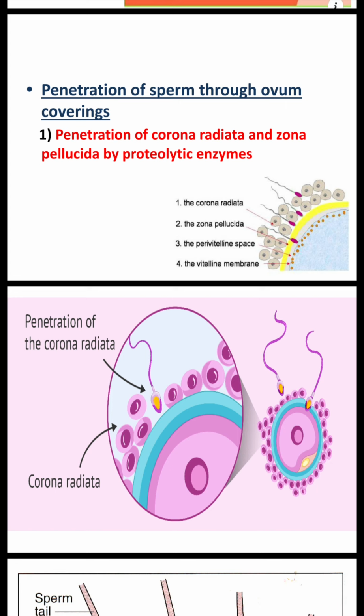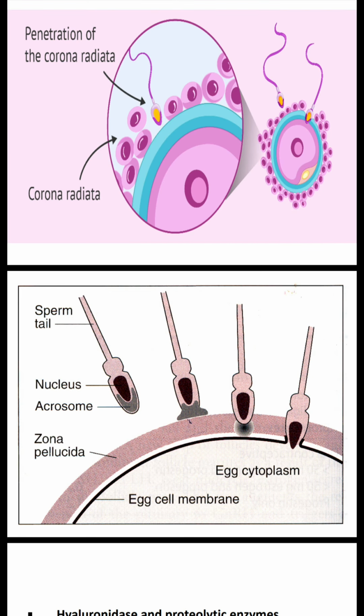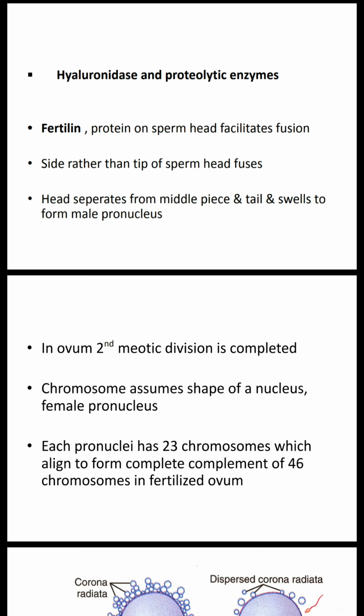That means it should cross the cells of the corona radiata, then the zona pellucida layer, then the perivitelline space, and after crossing the vitelline membrane, it enters. Here you can see the acrosome releasing hyaluronidase and certain proteolytic enzymes, then fertilin, a protein on the sperm's head which facilitates the fusion.